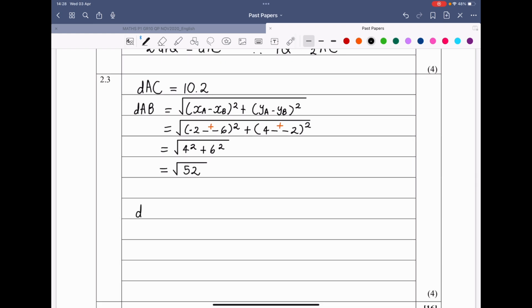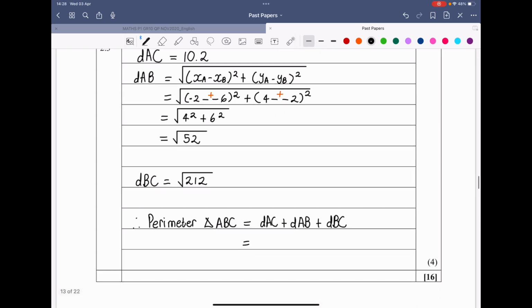And then I can find the distance of BC in the same way. So using the same distance formula, I'm going to find that this is equal to the square root of 212. Then my perimeter of triangle ABC is equal to the distance AC plus the distance AB plus the distance BC.